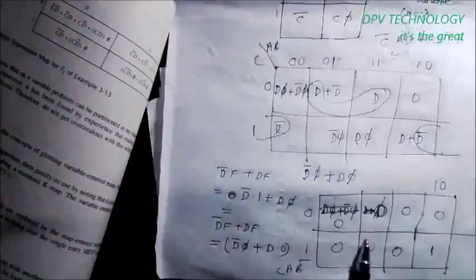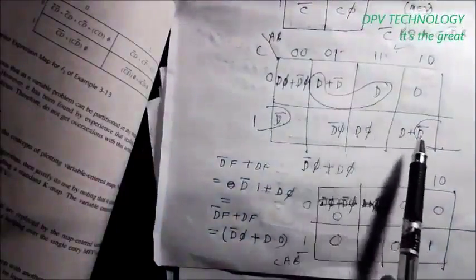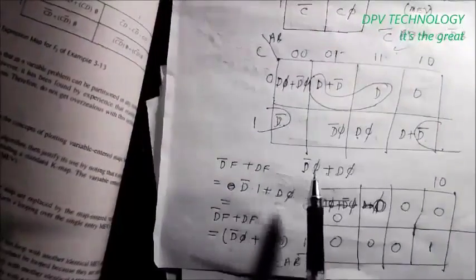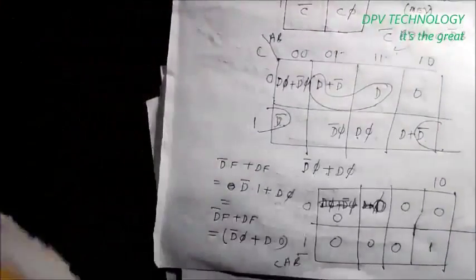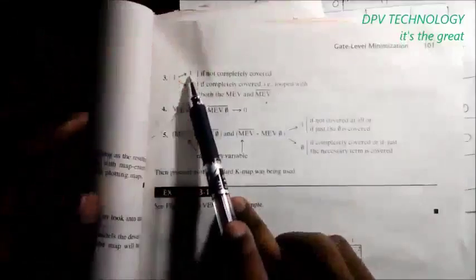Again, rule number 3: 1 will be replaced by 1, that is D or D bar will be replaced by 1, or it may be C or C bar, A or A bar also, but this will be equal to 1 or don't care if not completely covered.